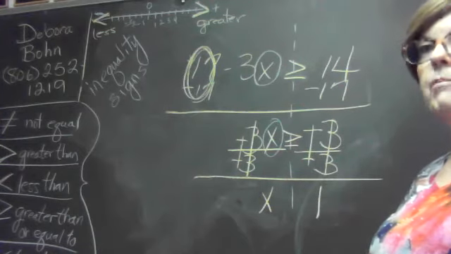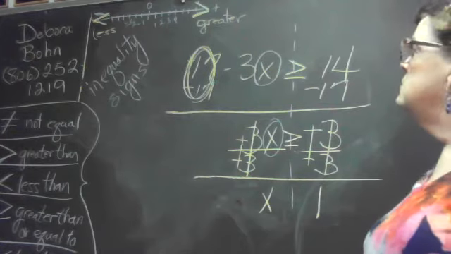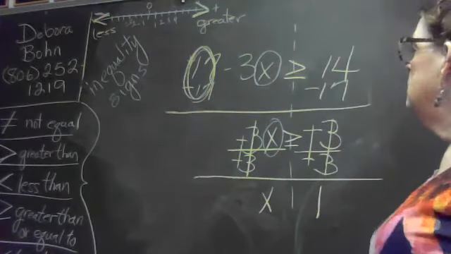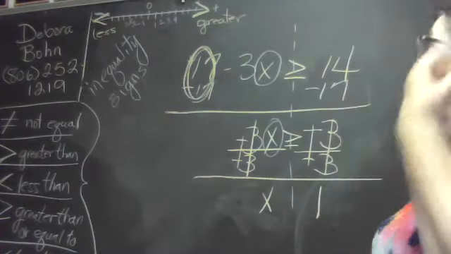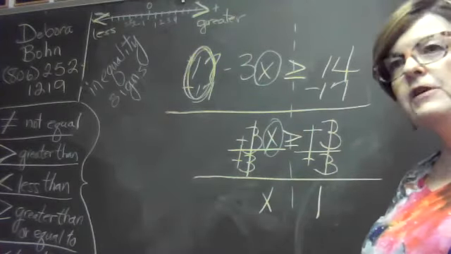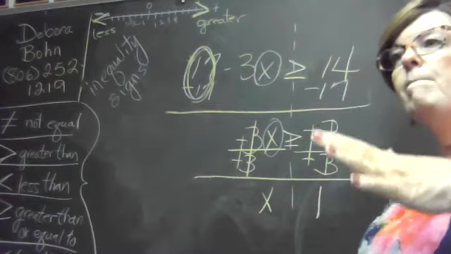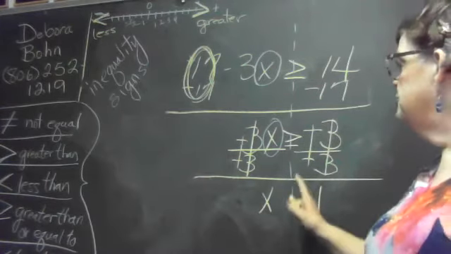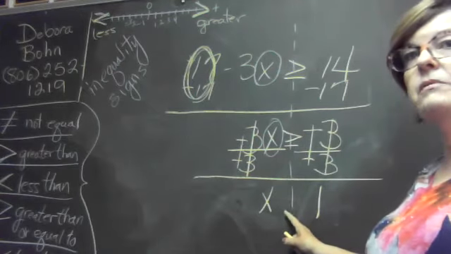Now stop. Here is the only other rule you need to know in inequalities. If you divide or multiply by a negative, it switches the sign in the next step.